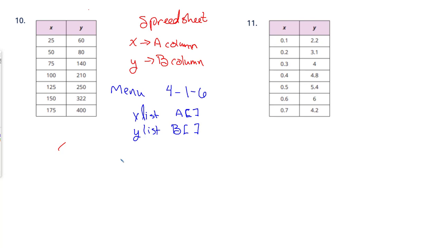And then it's going to give you an A, B, C. And it's ax squared plus bx plus c. And A, B, and C are numbers that you're going to round to the nearest thousandth.